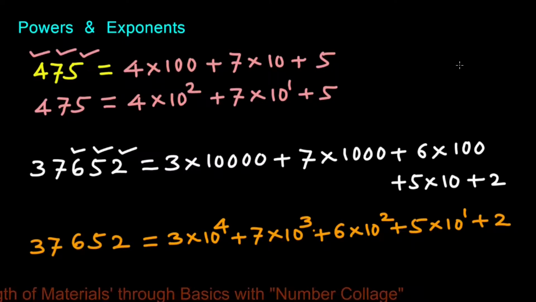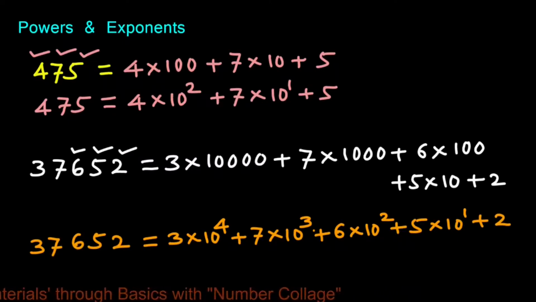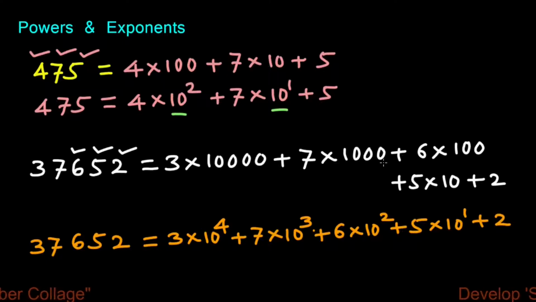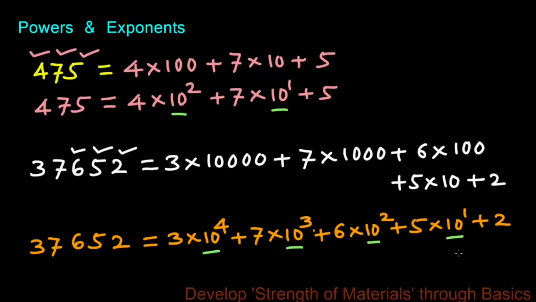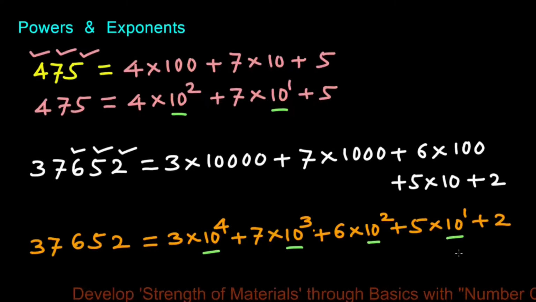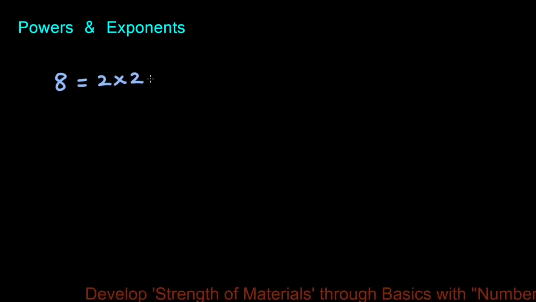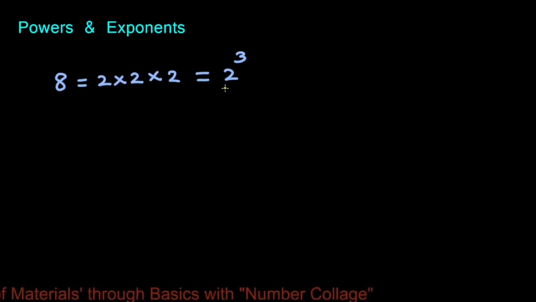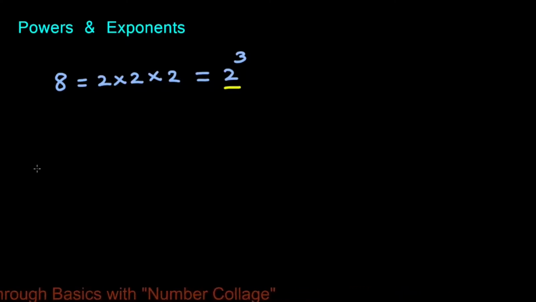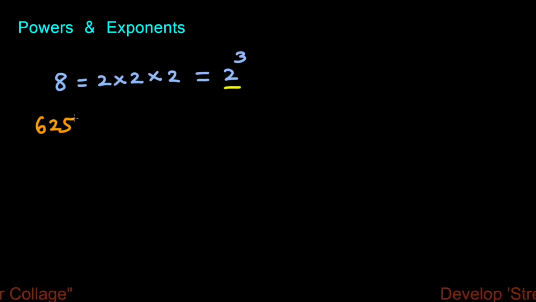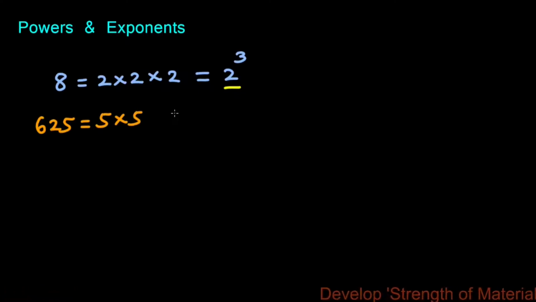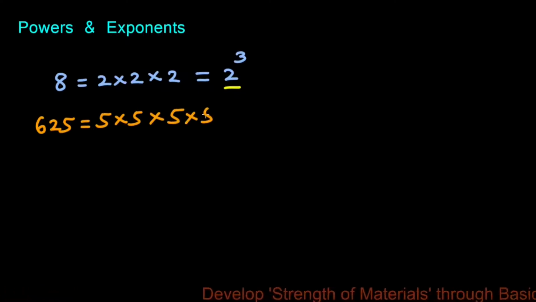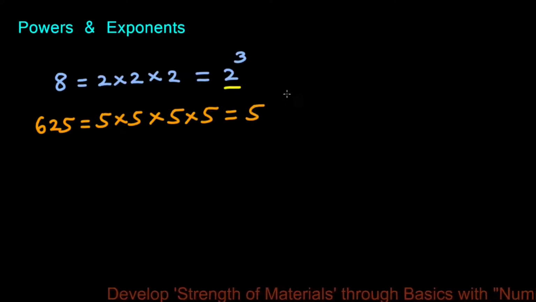All these numbers have been expressed in powers of 10, where the base was 10 in each case, but this base can also be other than 10. We can express 8 as 2 multiplied by 2 multiplied by 2, which we write as 2 cube. Here the base of the exponent is other than 10. We can write 625 as 5 multiplied by 5 multiplied by 5 multiplied by 5, which is 5 raised to 4.